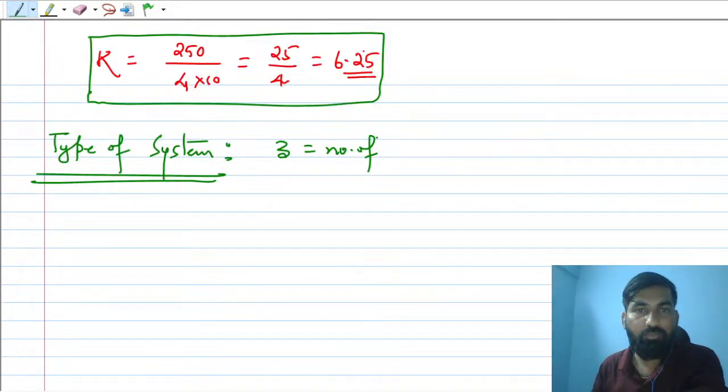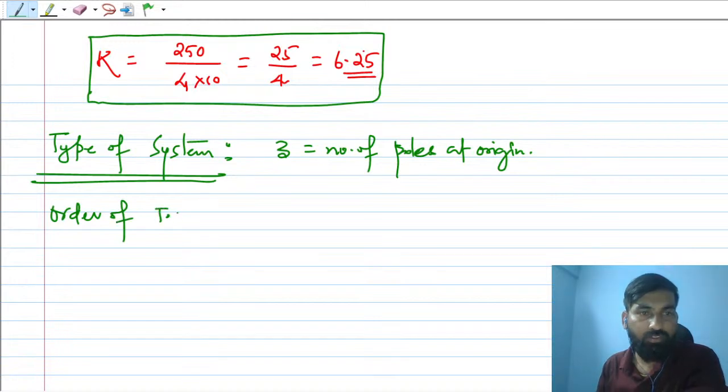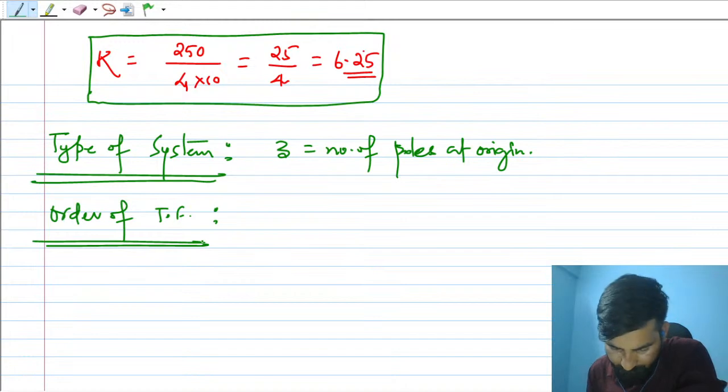Number of poles at origin. So you have to compare with the standard transfer function and you will get it. And the order of the system will be what?